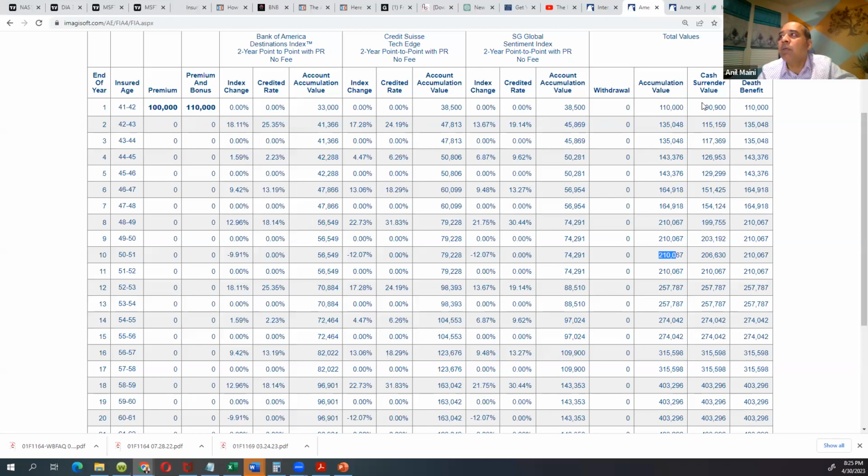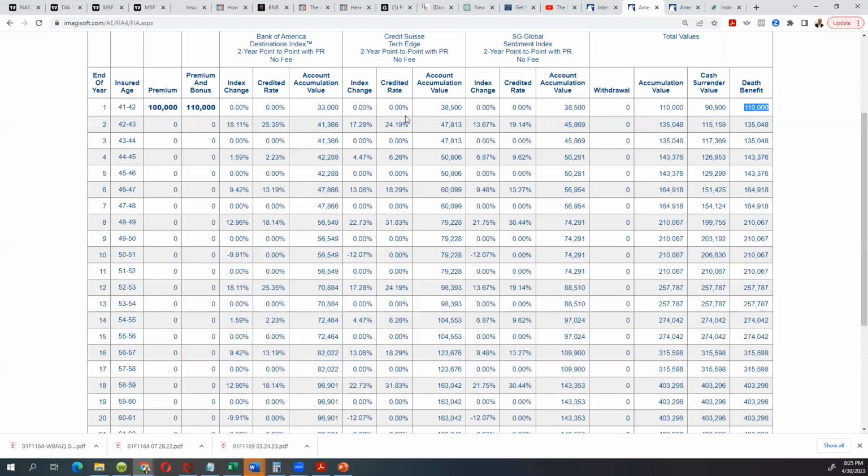Okay, accumulation value, cash surrender value, and death benefit. This one comes with a 10% initial bonus. In case this client dies next year, just hypothetically, the family will get $110,000. So the bonus is passed on to the family.